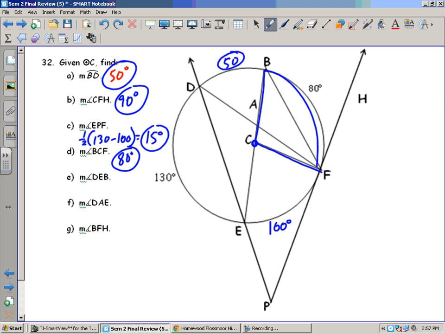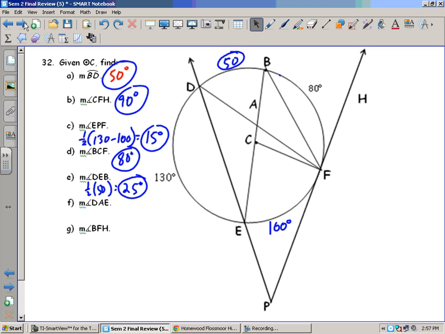Angle DEB now is a similar relationship. DEB is just an inscribed angle with its vertex on the circle. So it's half of 50, which is going to give you 25. So that's DEB. DAE now is a little bit trickier simply because that's an angle that's not at the center.